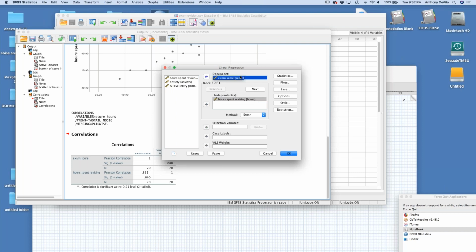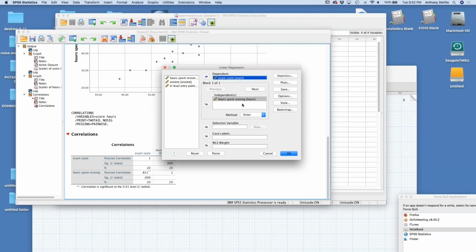In other words, the person takes the exam and then you're interested in how many hours they studied. Not so much, right? You'd be more interested in knowing, well, if he studies this many hours, what does that mean, or what is the exam score likely to be? So this makes more sense. The independent or predictor variable is hours, and the dependent or predicted variable is the exam score. That's what we're trying to predict.